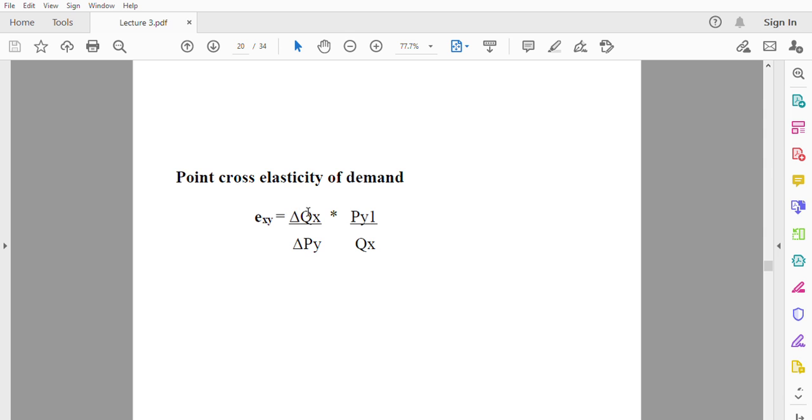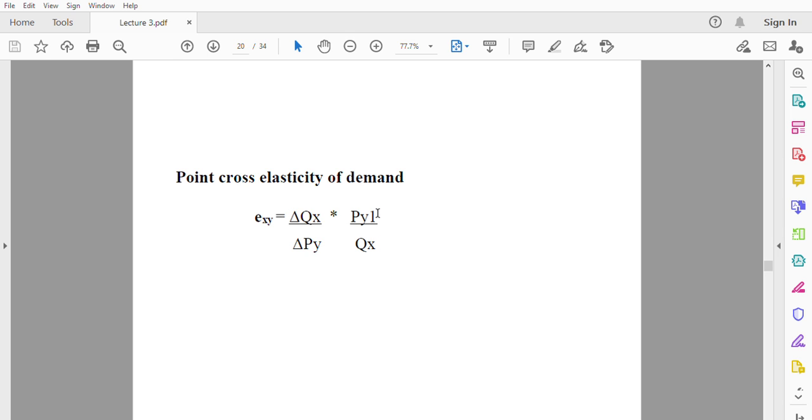So point cross elasticity of demand is change in the quantity demanded of X divided by change in the price of Y, times the price of Y1 divided by QX1.